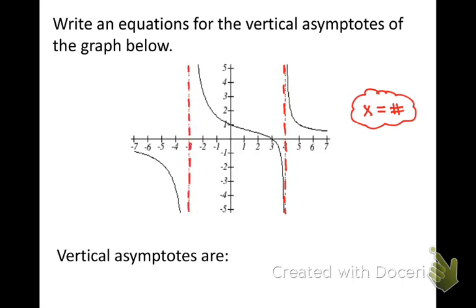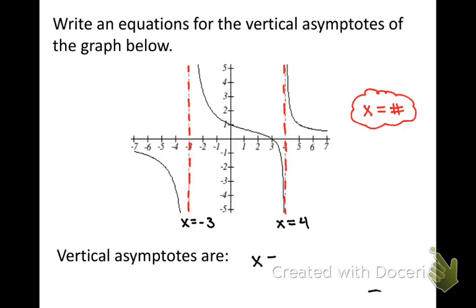In this particular rational function graph, they do have the dashed vertical lines in there. So that's how we're going to visually identify where our vertical asymptotes are. And they happen at x equals -3 and at x equals 4. And remember, that's that same format we need to write our vertical asymptotes in.